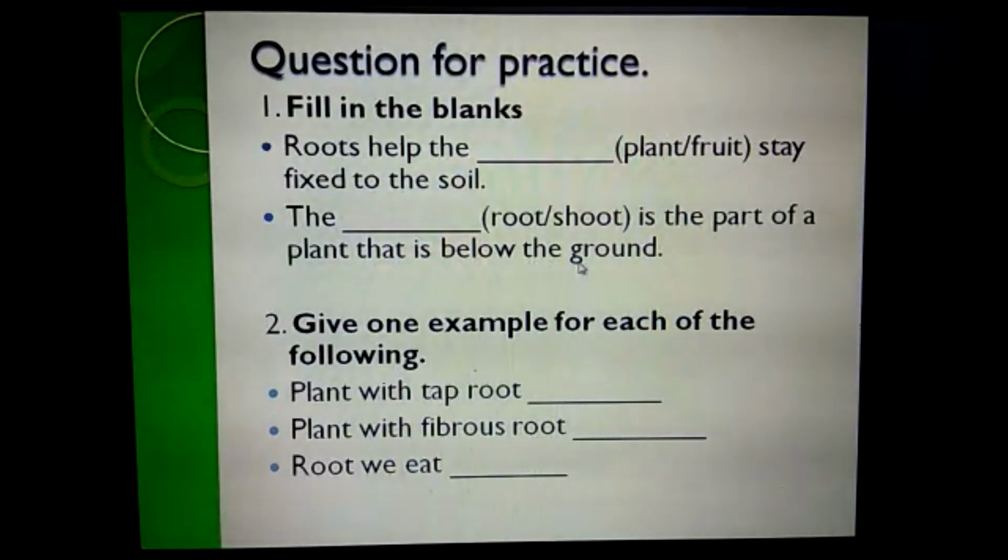Yes, we have studied this. Now, the second question is, give one example for each of the following. We have studied taproot, fibrous roots, and roots we eat. So, you have to give one example in each. Students, you have to go through the content that I have taught and answer these questions.